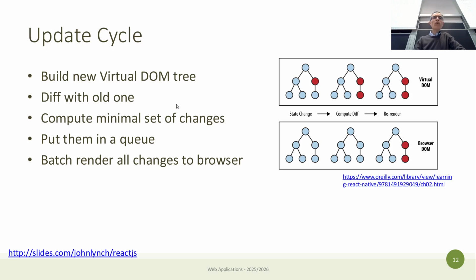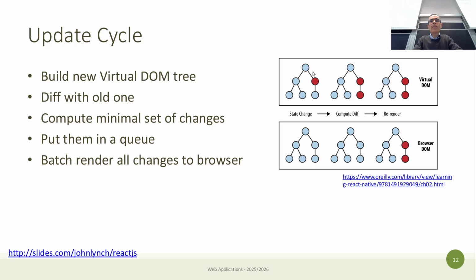Okay, so before going into these functions and seeing an example, that's how it works. We need to change something, and basically, through these functions with React, something should change in the user interface. And so React creates a new virtual DOM tree. It computes the difference with the old one, computes the minimal set of changes, so what has to change in the actual DOM, puts them in a queue, and at a certain point, it applies the changes in the browser.